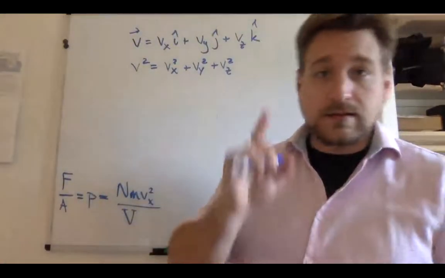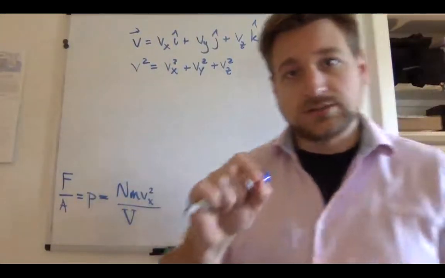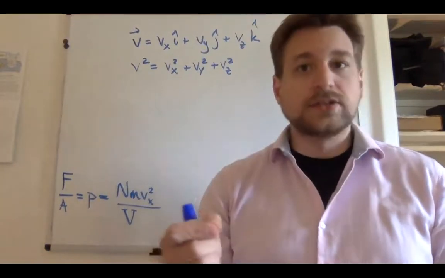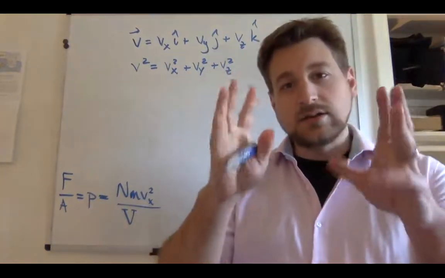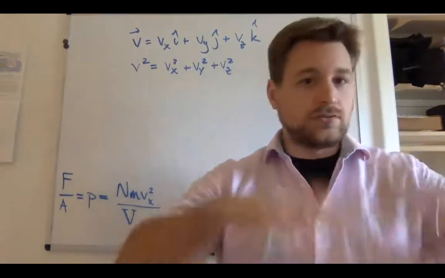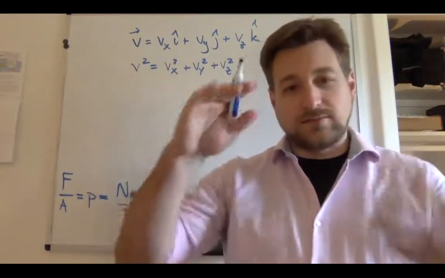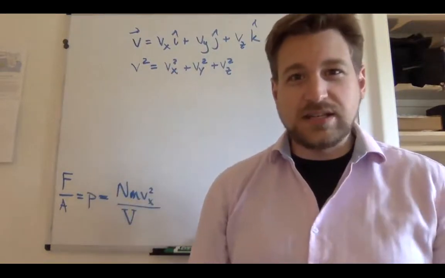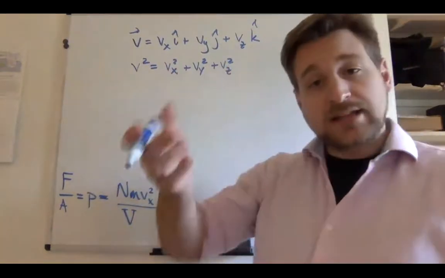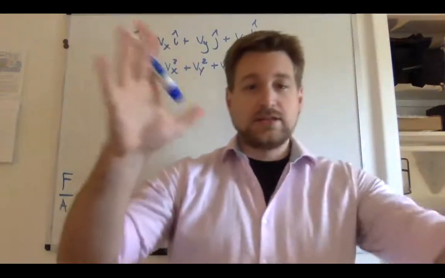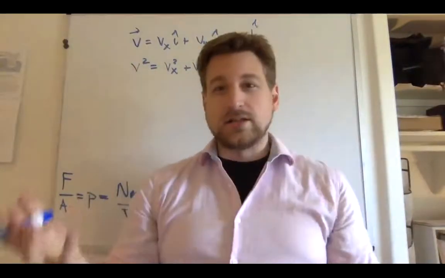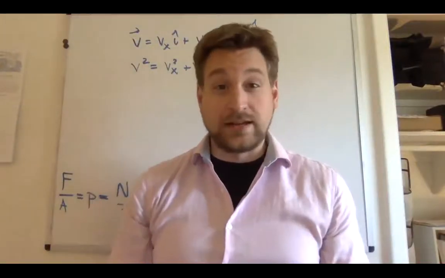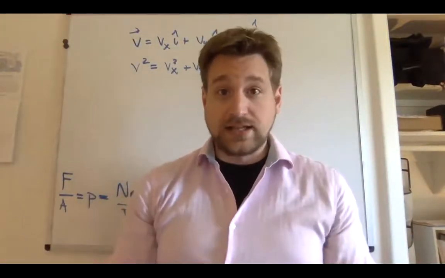We said these molecules are so small, moving so fast, and in a container so small compared to the length they would have to fall for gravity to appreciably change their speeds, that x is y is z. Take the room and rotate it, the molecules can't tell any difference. Take the room and turn it upside down, the molecules can't tell any difference. The molecules are what they are.